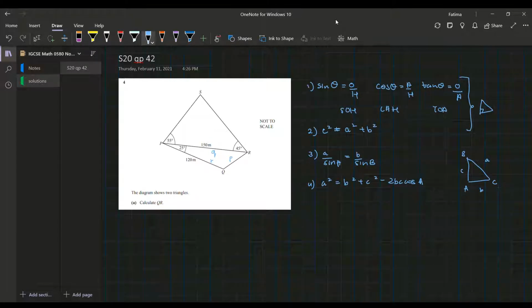Now we have to calculate the length p, and we're given length q and length r, and we're given angle P. So it should immediately come to you that we should be using approach number 4, which is the cosine formula.